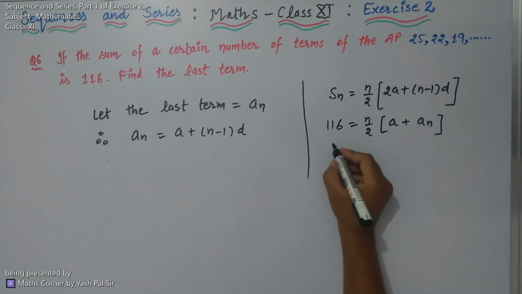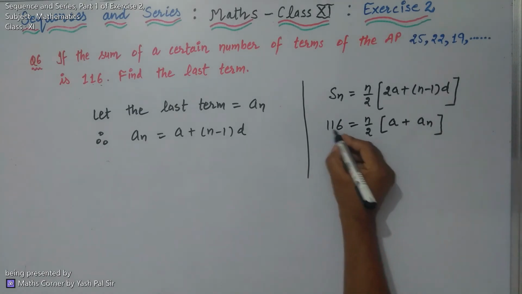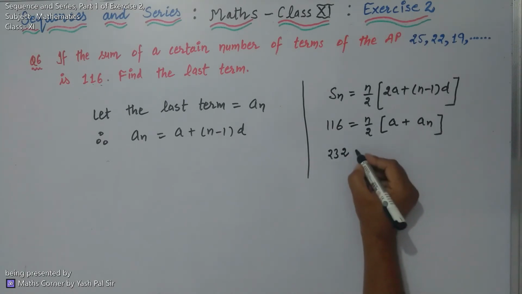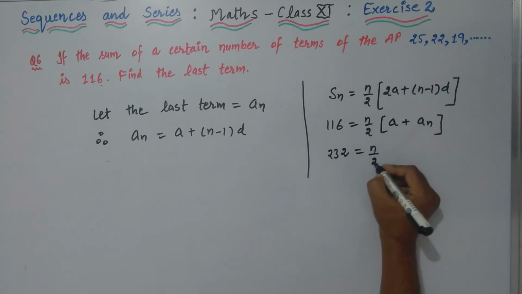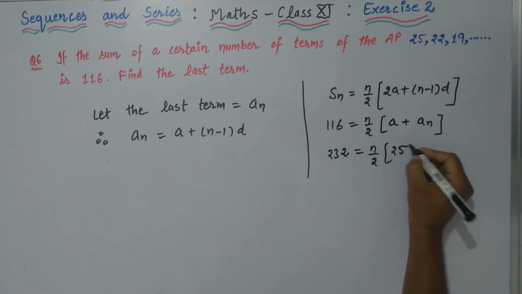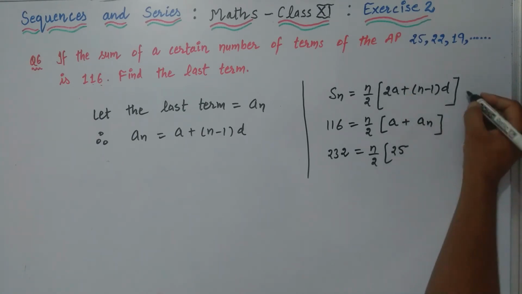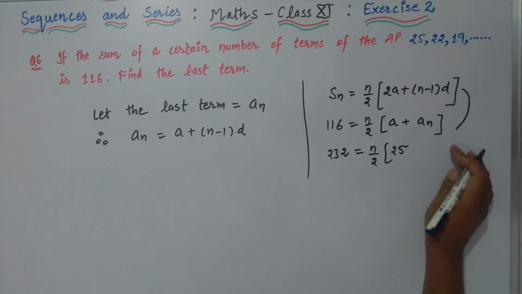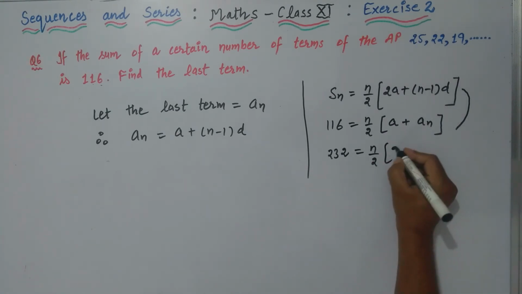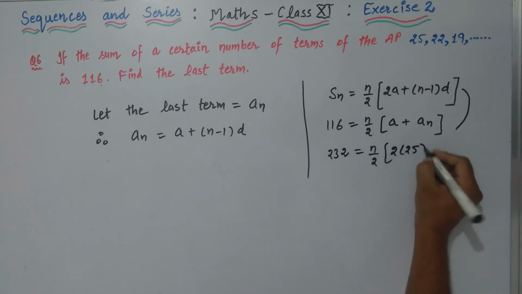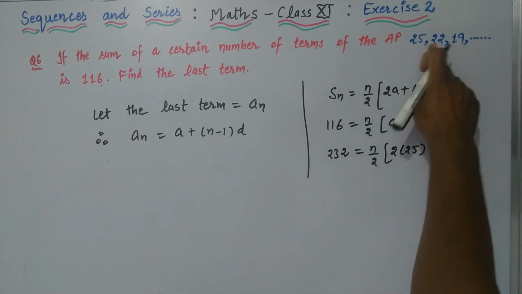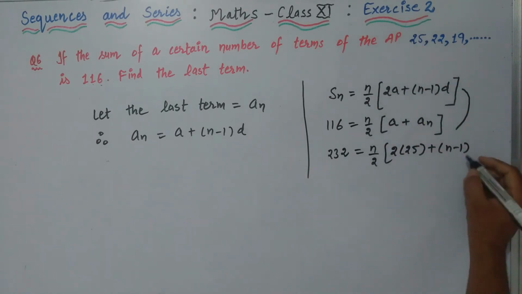So what we can say here, 116 into 2 is equal to n upon 2 into 2a. The first term is 25. Here we substitute the same value, 2 into 25 plus n minus 1, and d is 22 minus 25, which is minus 3.